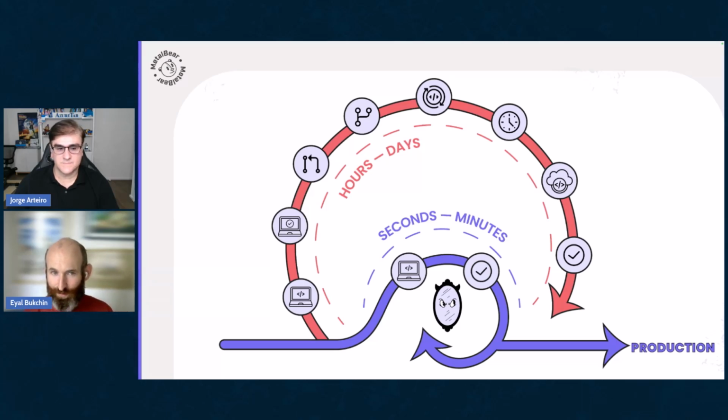So this is the value for the individual developer, but also for the organization. These staging environments, which a lot of organizations put a lot of effort into, usually become bottlenecks. If it's a good staging environment, it has data in the database, it has all of the microservices running.